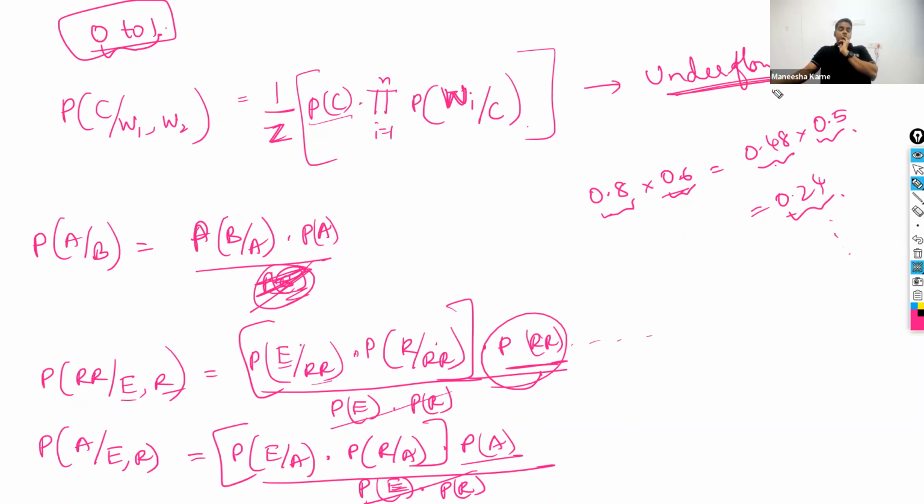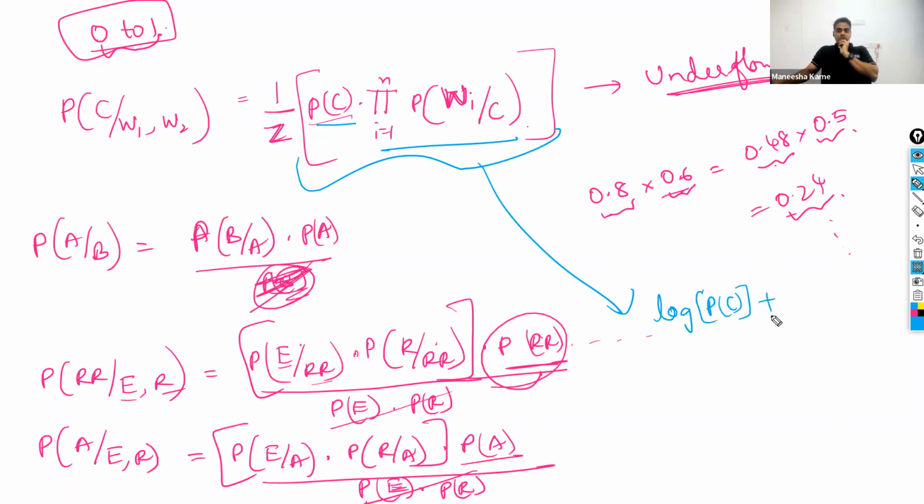To avoid that underflow issue, what do we do? We take a log to this. This is A into B. When you take log of A into B, what will it become? Log A plus log B. Log of this entire value.